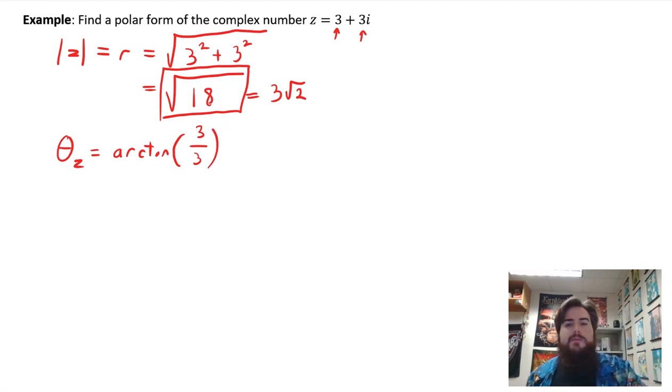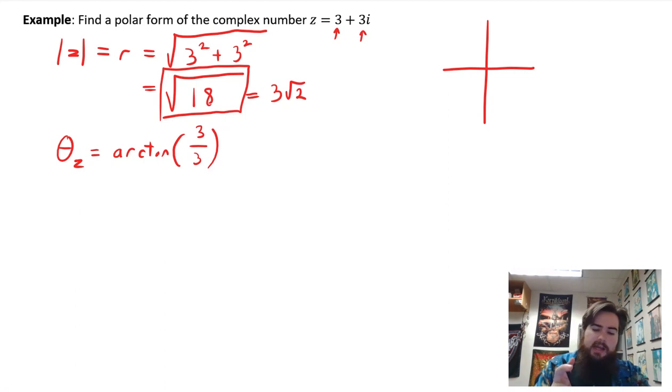However, before I move any further, I'm going to consider where my complex number should be in the complex plane, or the Gauss plane, to make sure that the angle measure I get from arctangent will be correct, and if not, adjust as necessary. Since I have a positive real of 3, that means we're going to the right here along the x-axis. And then since I have a positive 3 as well for the imaginary, we're going up on the imaginary axis. So we're looking at a complex number in quadrant 1.